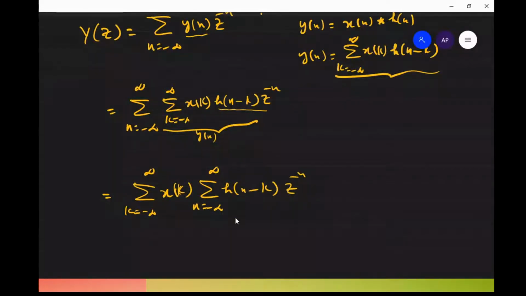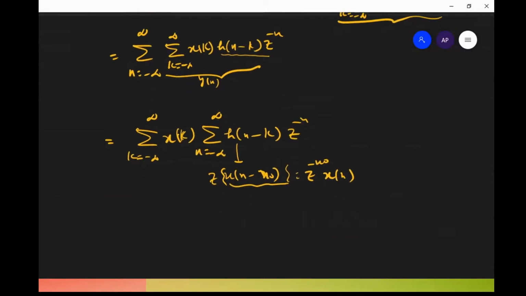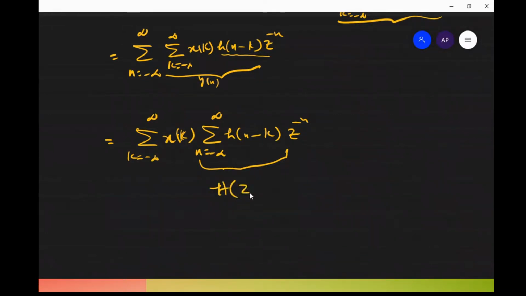Now you can see, if you compare this with x of n minus n naught, then what is the spectrum of x of n minus n naught? That is equal to z power minus n naught times X of z, right? So can we conclude from here that this whole term must be equal to H of z times z power minus k, right?